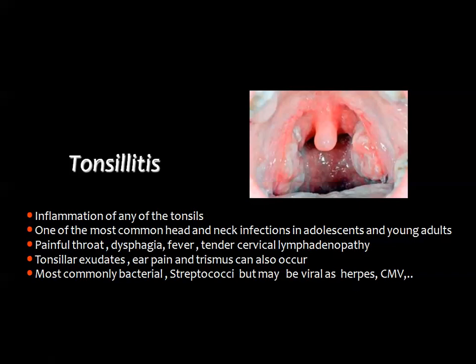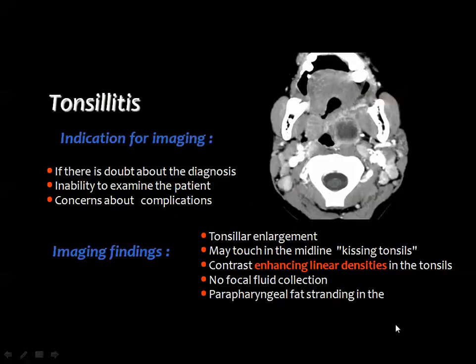And then if you look in the mouth of the patient, you see that the tonsils are swollen and sometimes covered by pus. The lesions involved in tonsillitis are mostly bacterial, but may be viral, such as herpes or cytomegalovirus.